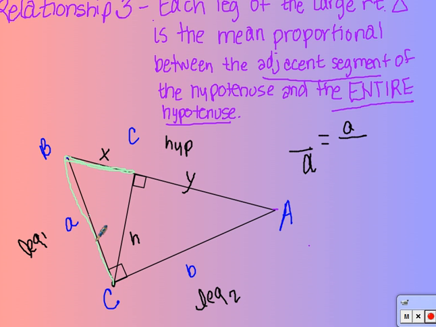X is adjacent to A, so that's X, over the entire hypotenuse, the whole thing, not this other segment, but the whole thing. So it would be X plus Y, the whole thing. Or we could just say, if we wanted to, C, because C is what we call the hypotenuse if we look at it like this.